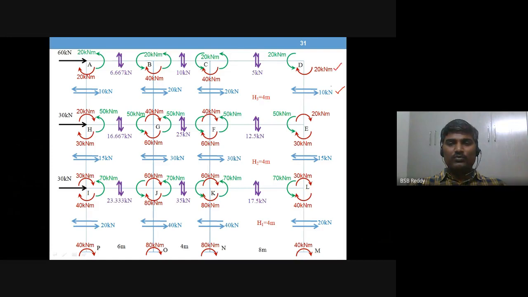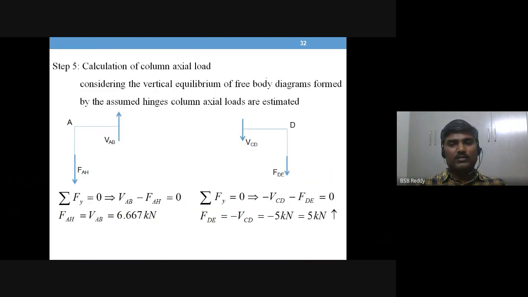Step 2, like column shear, column end moment, and then beam end moment. Step 3, then step 4. Now let's talk about the last step in calculation of column axial load.